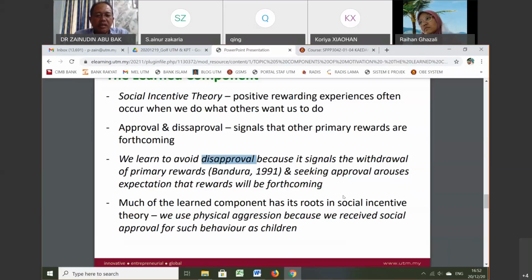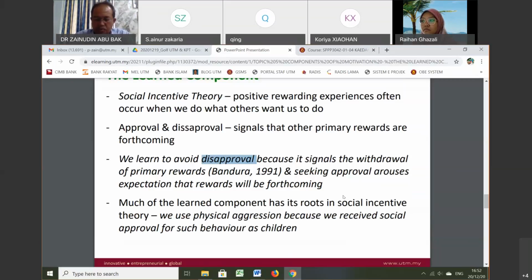So they can see, for example, if you continue guiding them in doing exercises, oh, this and that, they feel the sense or indicators of approval, right?